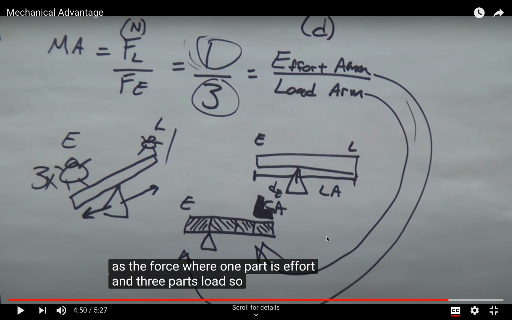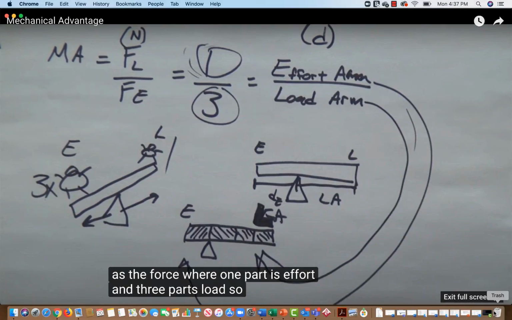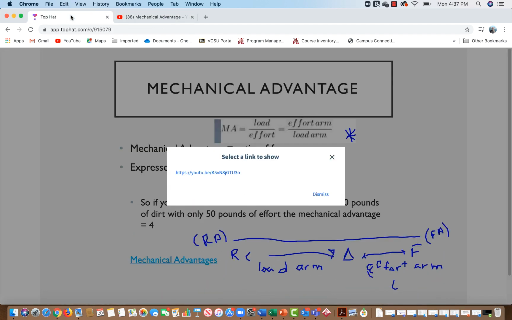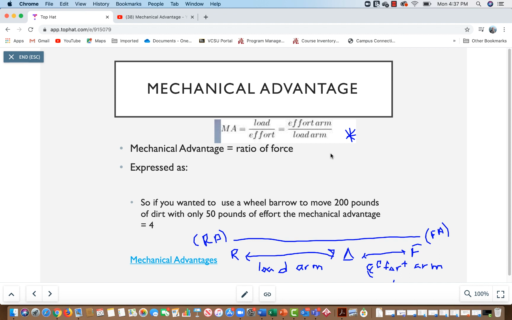So that gives us kind of a little synopsis of how we can compute this ratio. We can do it by using distance, which uses the arm, and Sharon diagrammed that for us, and we saw it again in the video, or we can simply do it by using weight and force. So just always remember that it's a ratio.